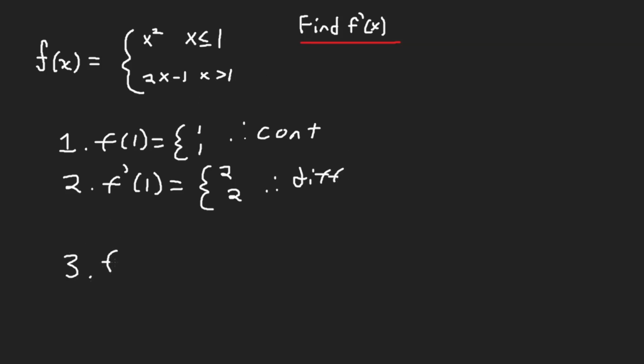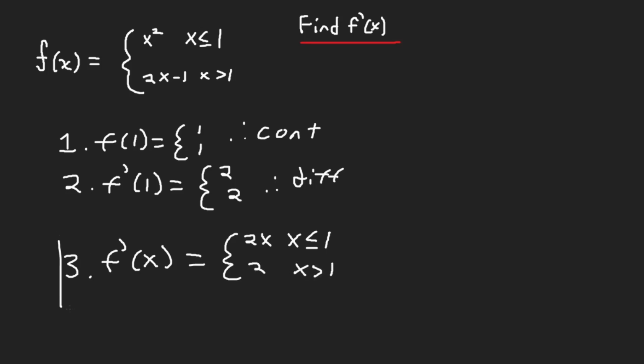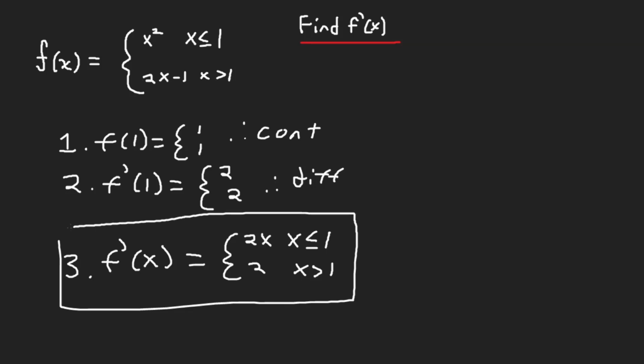And then the third step, again, we're going to write this in its general f prime of x form. We take the derivatives again, so that is 2x for x less than or equal to 1. Now we get to keep that inequality the exact same. And then this is just going to be 2 for x greater than 1. Now that's our final equation.